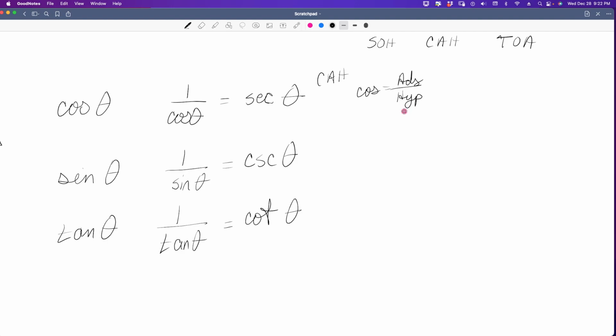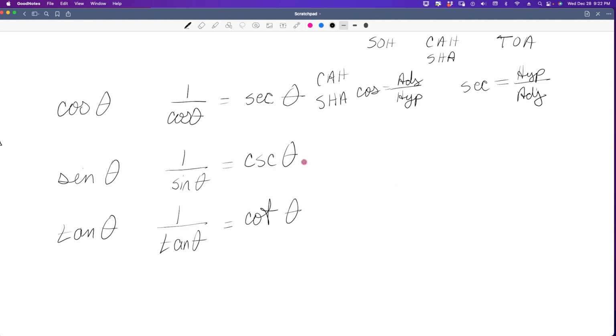But when we have the secant of theta, it's going to be reversed. The secant is going to equal the hypotenuse over the adjacent. So instead of CAH, it's SHA, and we can put SHA here so we can remember which one it is.